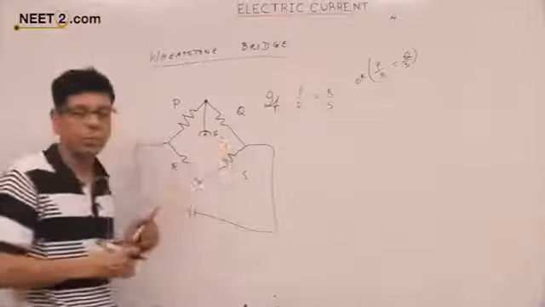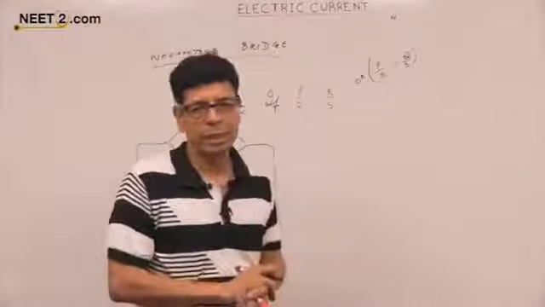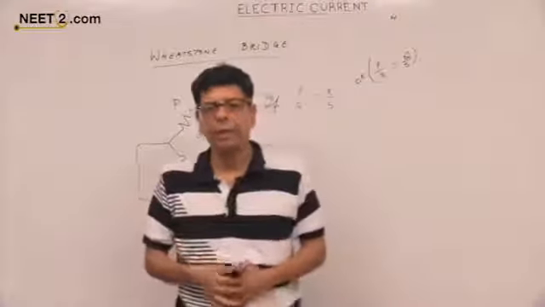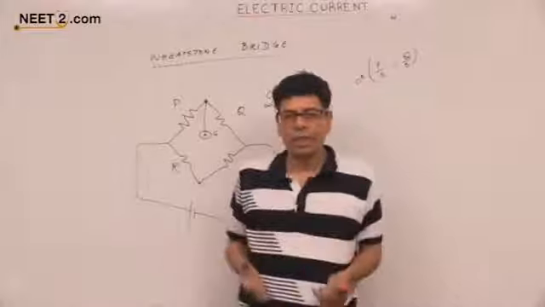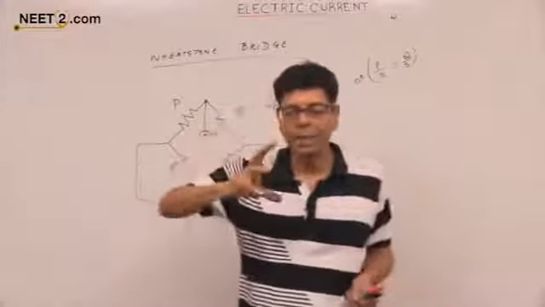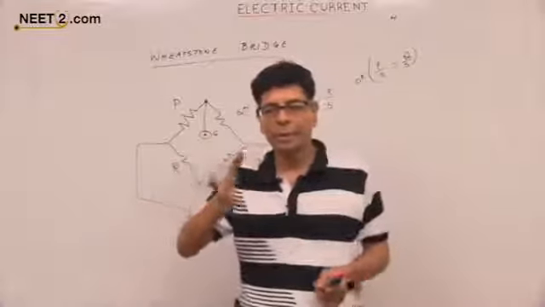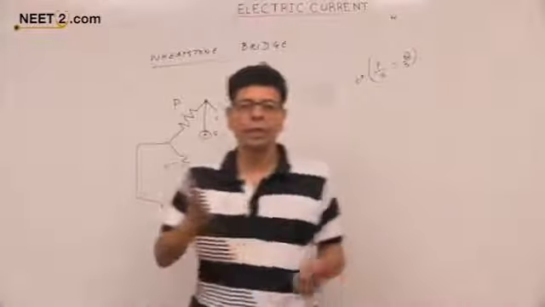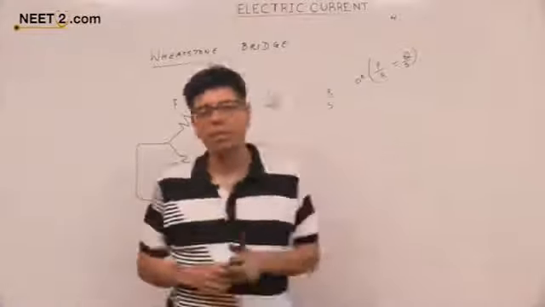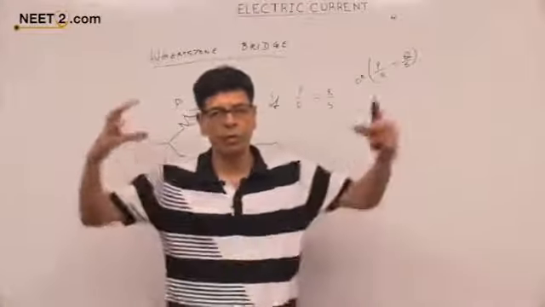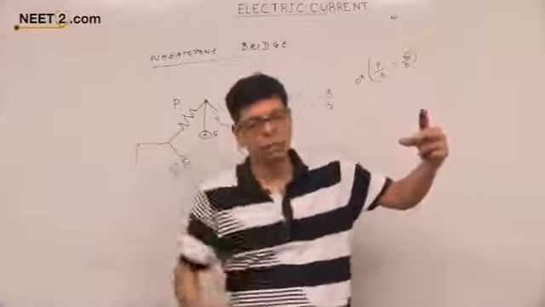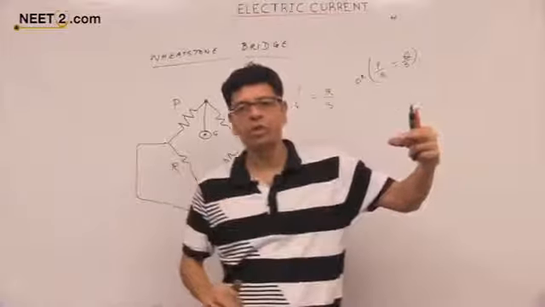what's a galvanometer? Galvanometer is just a current measuring device. One design is like this. In subsequent chapters, you are going to learn that a current loop is a magnetic dipole. And this magnetic dipole, just like an electric dipole in an electric field, has a torque acting on it, which tries to align it with the external magnetic field. So what we do is, we take 2 permanent magnets, we hang a coil, and through this coil we send the current which is to be measured.